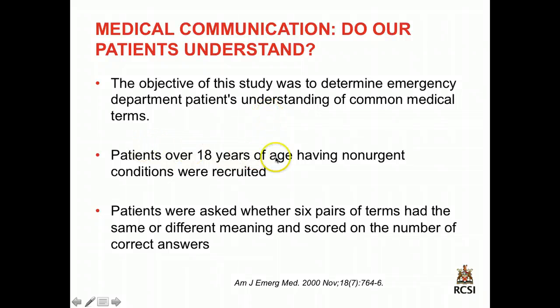They took patients over the age of 18 who had non-urgent conditions, and they recruited them for the study. So these are patients who weren't in a hurry, obviously, or weren't in enormous amounts of distress. And the patients were asked whether 6 pairs of terms had the same or different meaning, and were scored on the number of correct answers they gave.